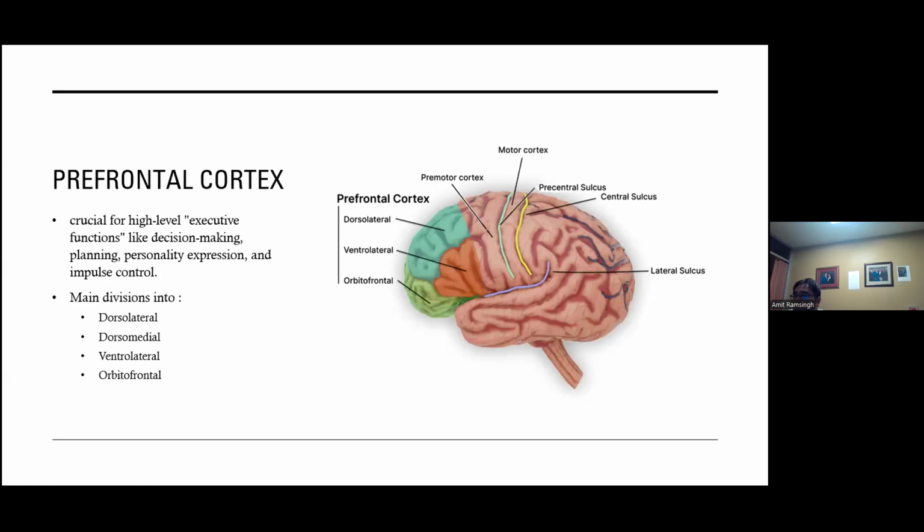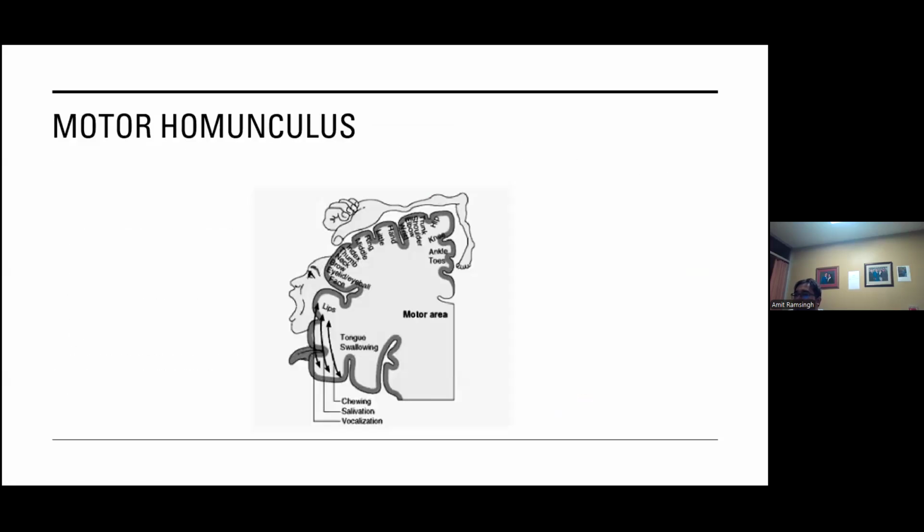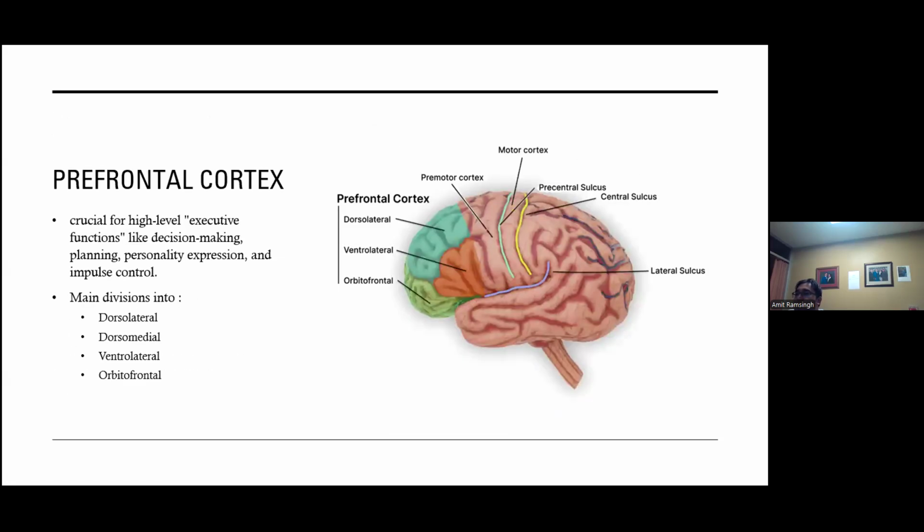So we spoke about the primary motor cortex and SMA. Then there's the prefrontal cortex, and it is crucial for high-level executive functions like decision-making and planning, personality expression, and impulse control.